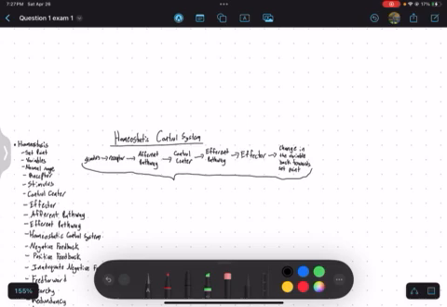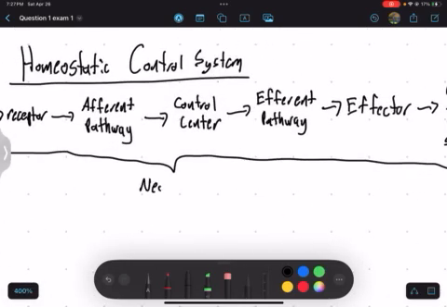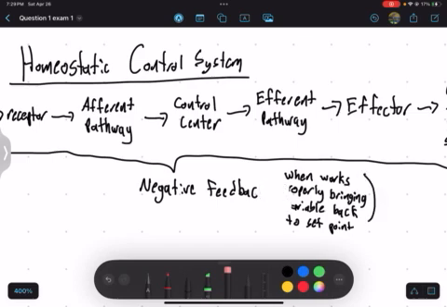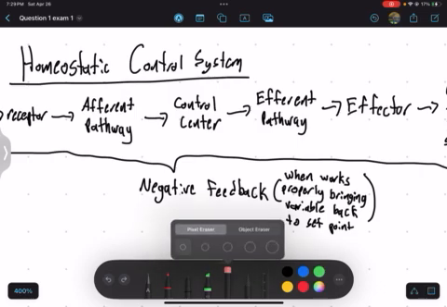And whenever this works effectively, when it works properly, bringing the variable back to set point, it is called negative feedback. Now, let me teach a little bit about what the set point I'm talking about is.